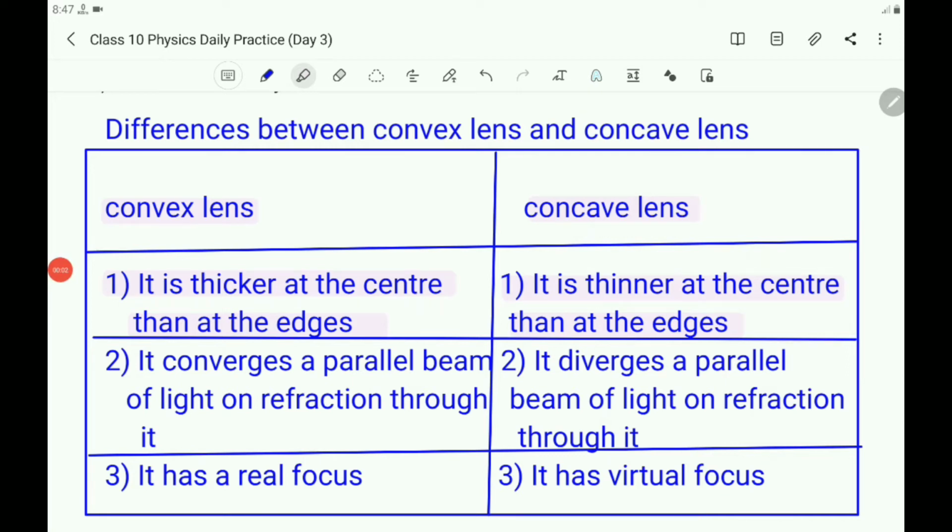Second, you write that it converges a parallel beam of light on refraction through it. And for the concave lens, you can write it diverges a parallel beam of light on refraction through it. And third one, it has a real focus. It has a virtual focus. So these are the three differences between convex lens and concave lens.